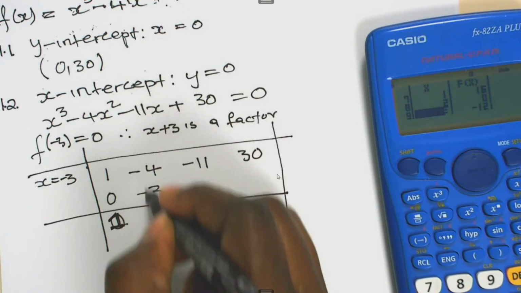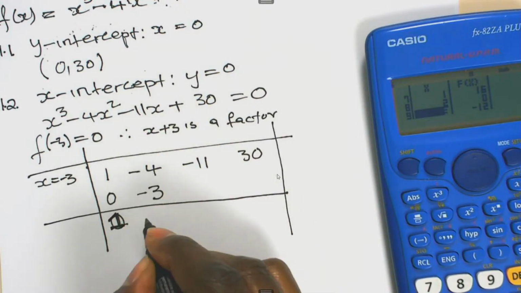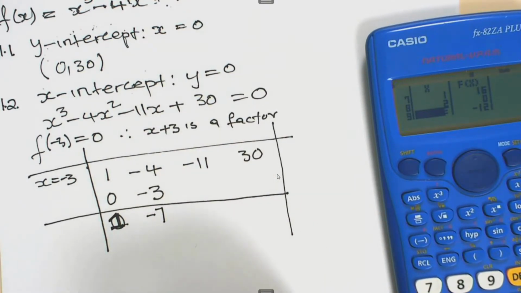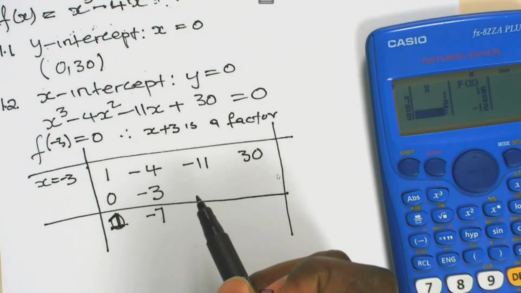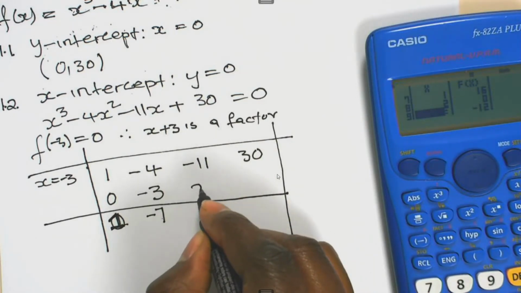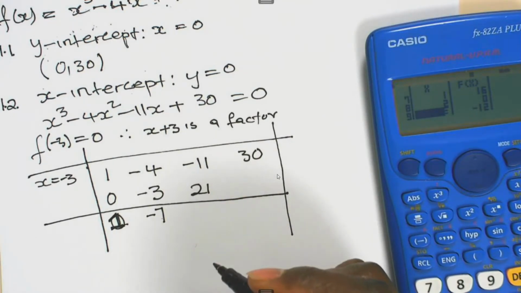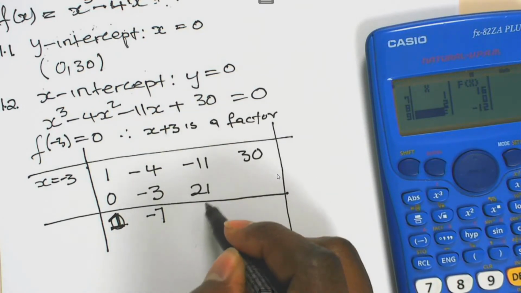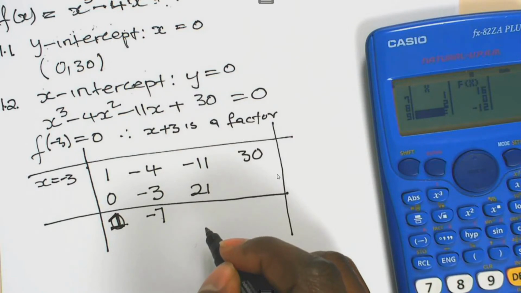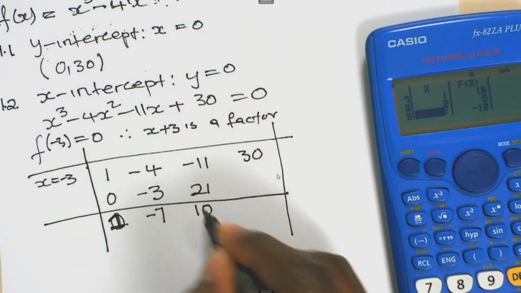Inside the gate, we add -4 minus 3. It's -7, right? And then -7 multiplied by -3 will be 21. Then we add -11 plus 21. This will give us 10, right?